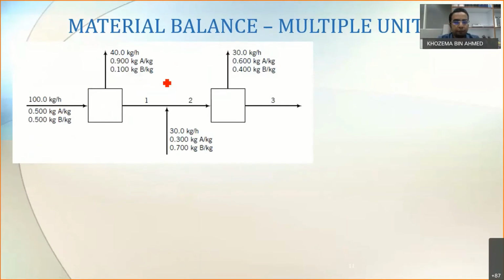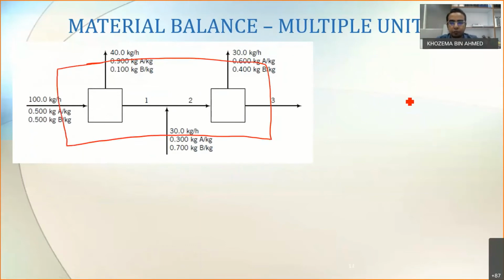So this is my third system. I also have my overall system, which I said is my boundary for my overall system. Okay, so if I were to redraw again, just ignoring this X and Y inside here. So this is again Y, this is my X. So if we ignore that, we just draw the overall. So I know that I have one stream coming in, which is this 100, right? I have this 100 coming in, kg per hour.